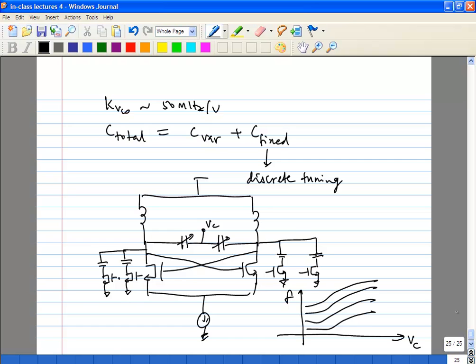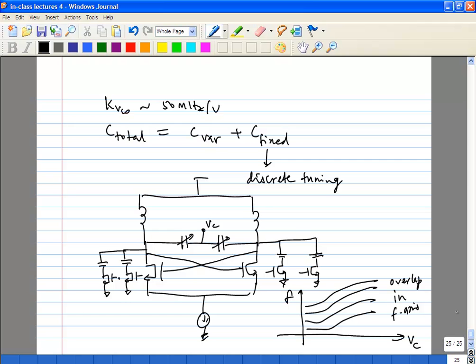And that's what you want anyway. To make sure you have continuous tuning, you need overlap between multiple curves, in the linear region, obviously. You need overlap on the frequency axis so that you have full coverage of frequency.